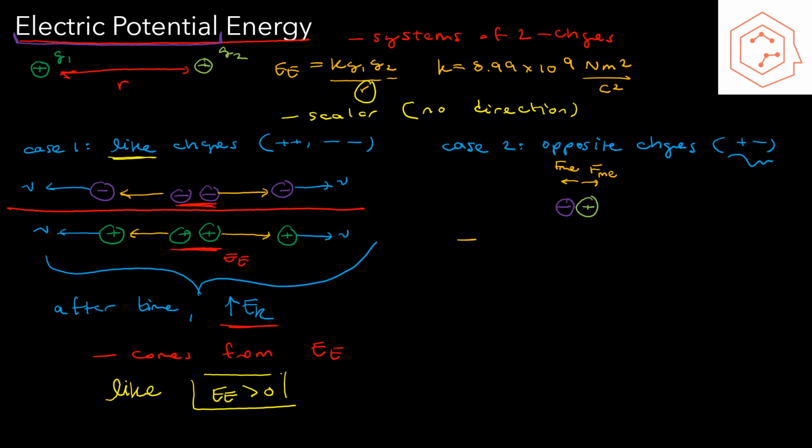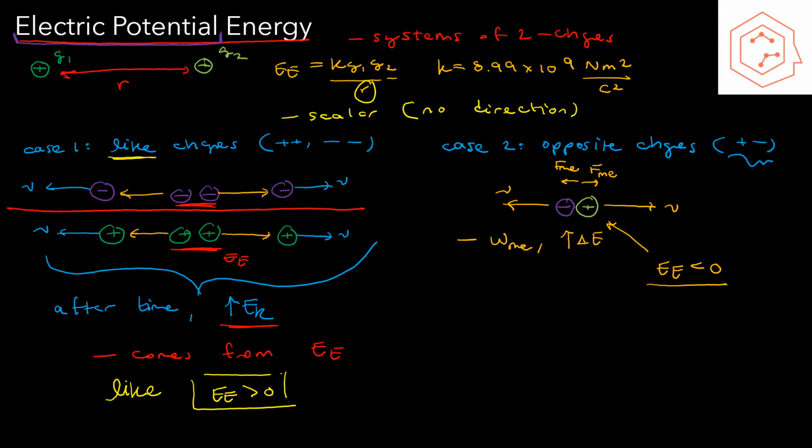So I will do work on the system. I will add energy to the system to get the charges to move, or to get them separated. And so if I'm adding energy such that the kinetic energy can increase, then the system must have had a deficit of energy, and so the system had to have had energy that is negative.